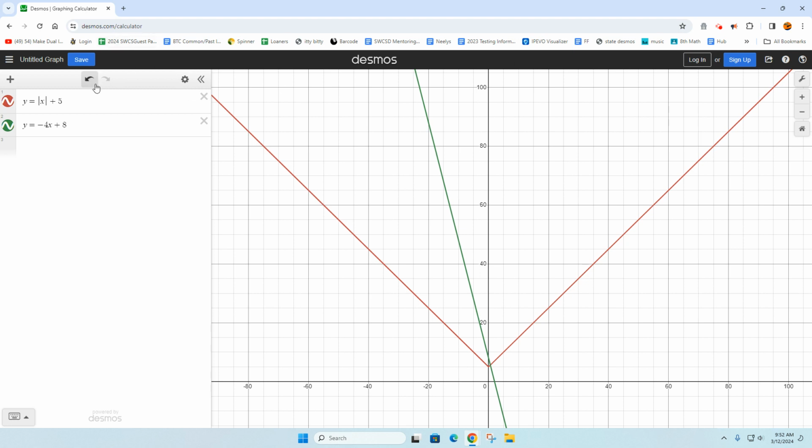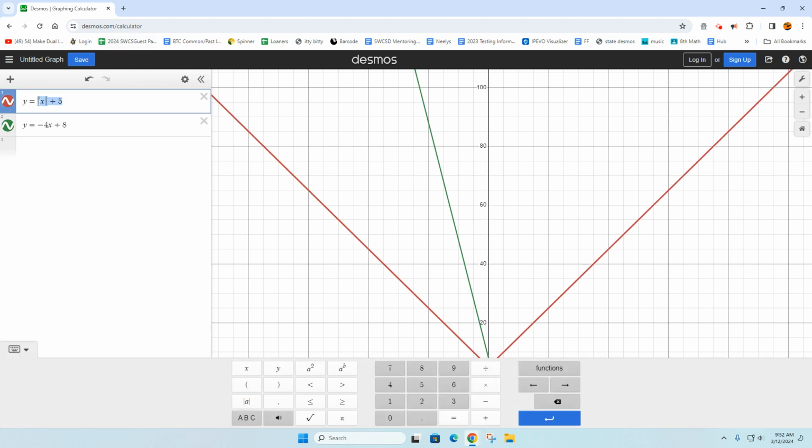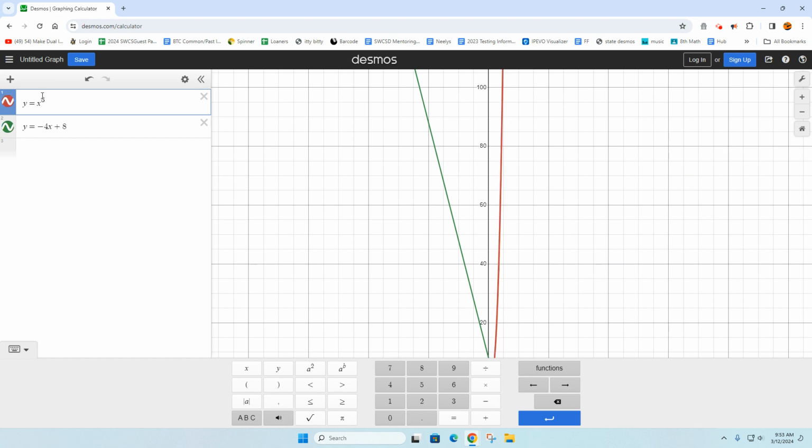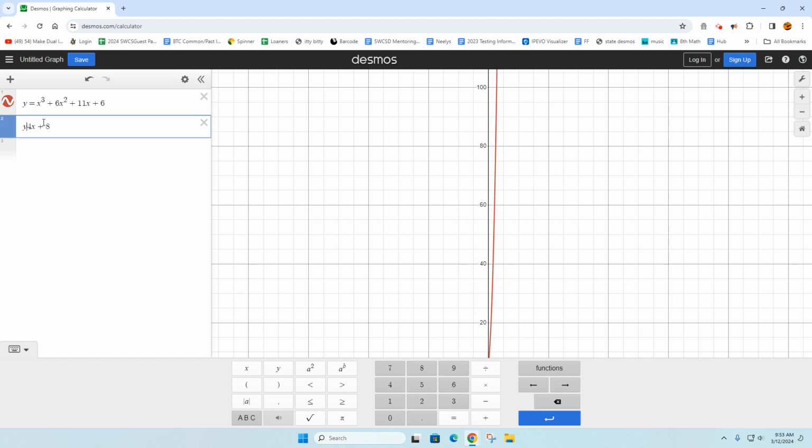Second one here, y equals x to the third. So how do I make this challenging? Because all I'm really doing is typing this in the calculator. Josh. By making you graph it yourself. Okay, I'm not going to do that, but yeah, that would be challenging. And we did that. We saw it by graphing systems a long time ago.